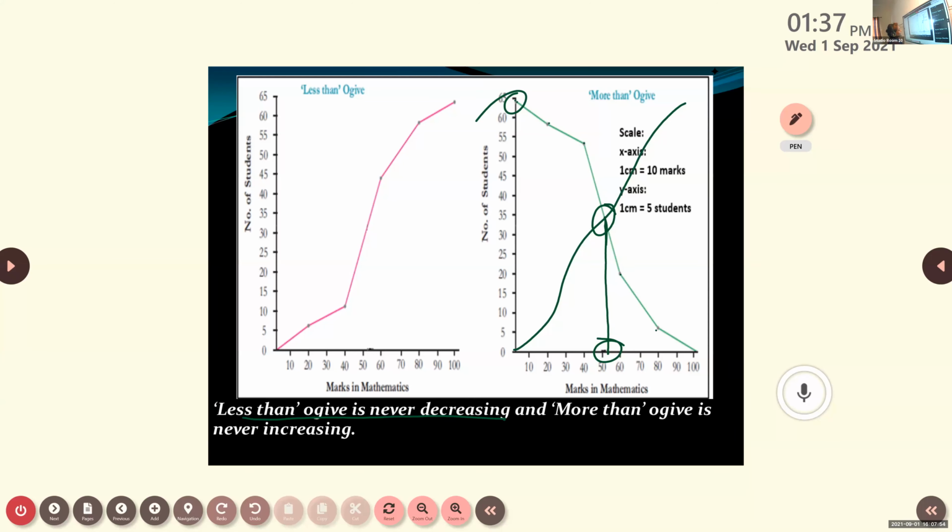Sayujia, can you tell? Here, where is the median which I have drawn? Is it at the intersection point?